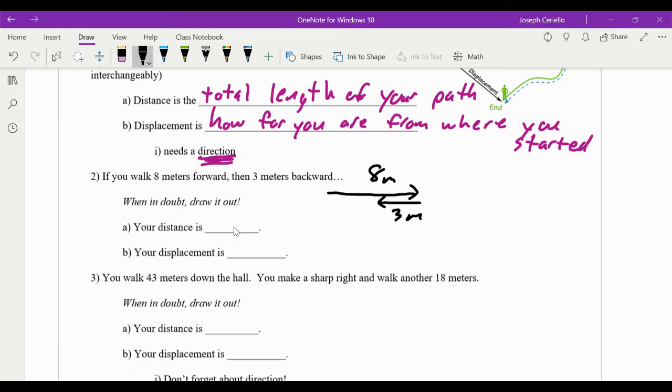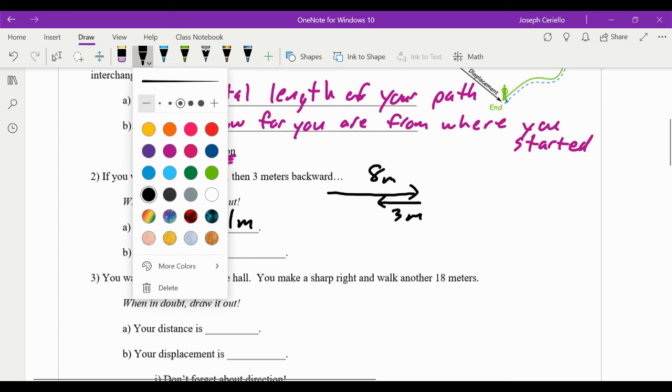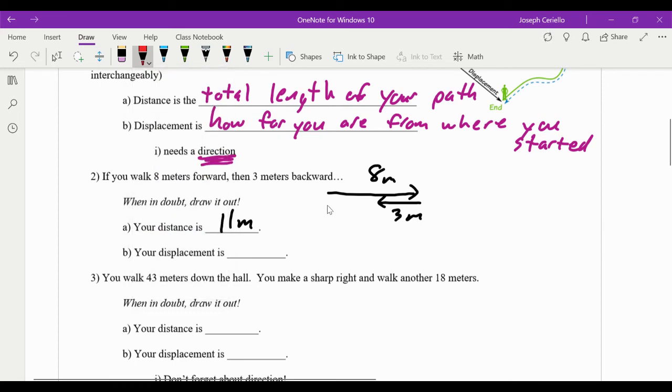Well, the distance you traveled is 11 meters, the total length of your path. The displacement is how far you are from where you started. So this is where you ended. This is where you started. Draw an arrow from where you started to where you ended. 5 meters. So your displacement is 5 meters, but you need a direction. Well, we were 5 meters forward.